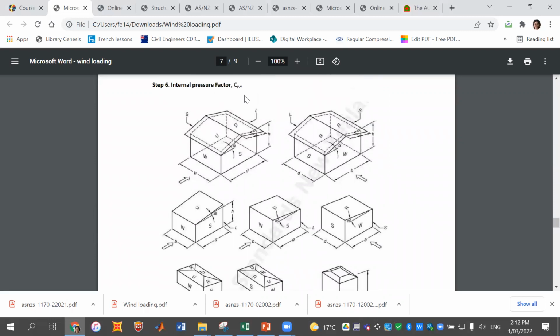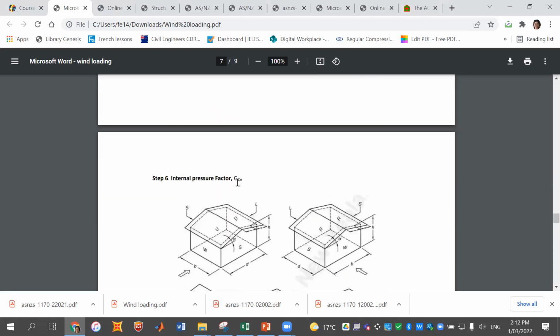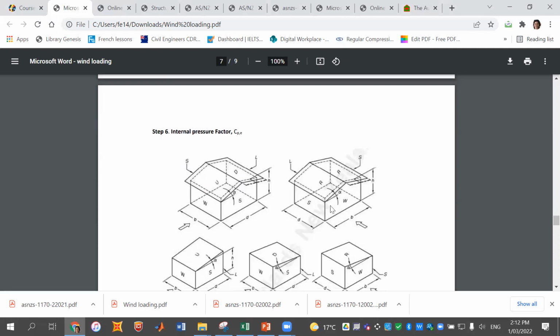So for CPE, which is the external pressure coefficient, you need to find out first the direction of your wind.